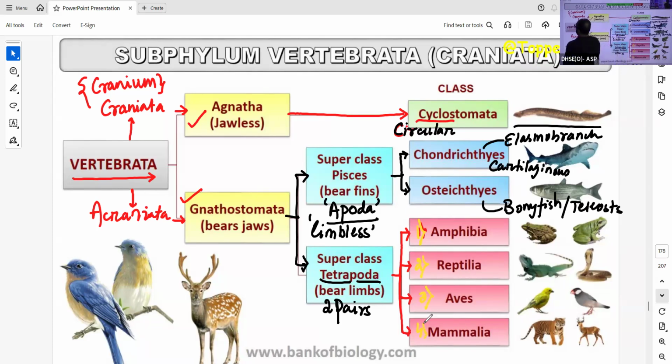Again, amphibians, reptiles, aves, mammals. This is the serial way in which we proceed.